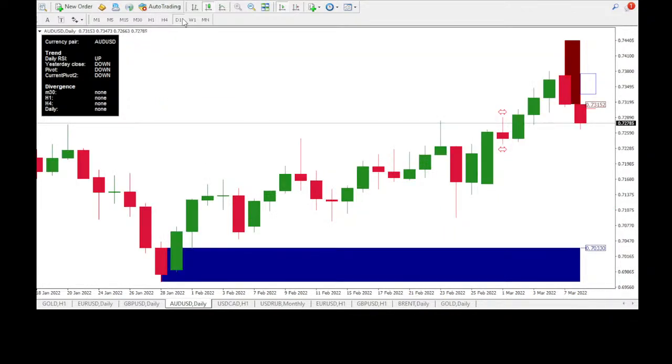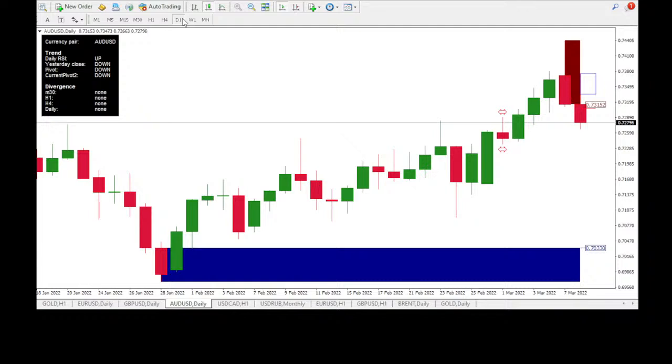I just want to tell beginner traders, I will use a few expressions. One of those expressions is commodity currency. What is a commodity currency? When I talk about commodity currencies, I'm talking about Aussie dollar, Kiwi dollar, and US dollar Canadian dollar. What is important for these three currency pairs?